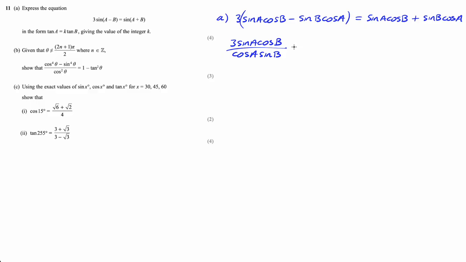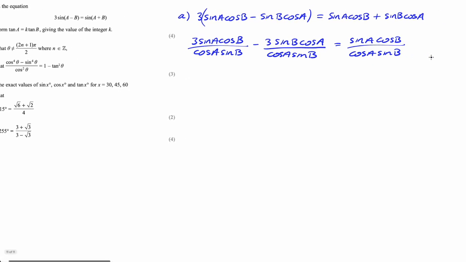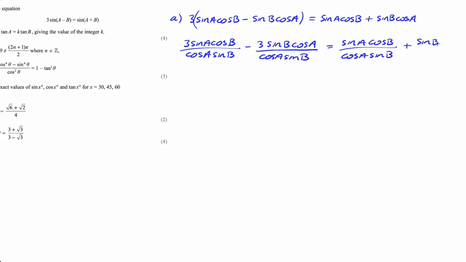I'm just going to multiply this out in the process. So that would be minus 3 sin B cos A divided by the same thing, which is cos A sin B, equals sin A cos B over cos A sin B, plus sin B cos A over cos A sin B. This becomes sine over cos, which is tan, and cos over sine, which is 1 over tan.